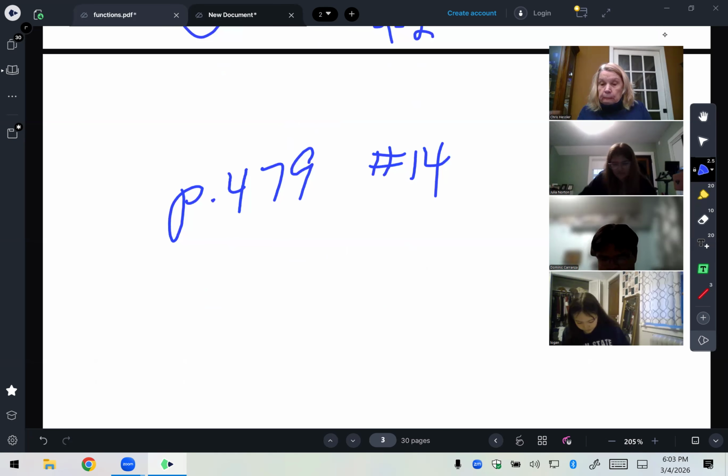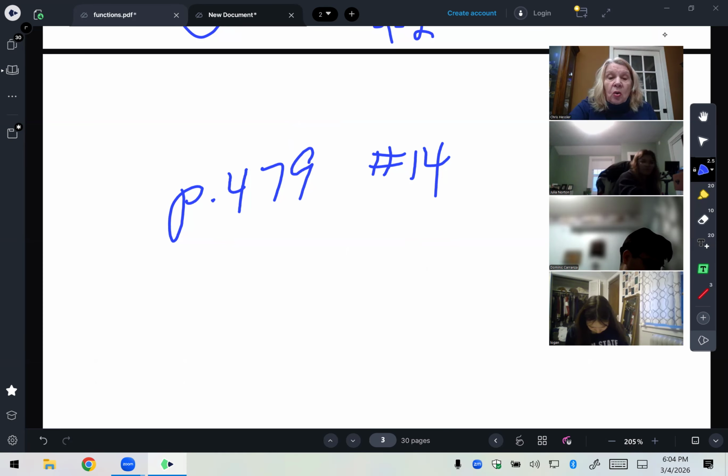I'm not going to draw the graph, but you can sort of see it's a whole page. The graph of the rational function f is shown where y equals f of x and x is greater than or equal to 0. Which of the following is the graph of y equals f of x plus 5?